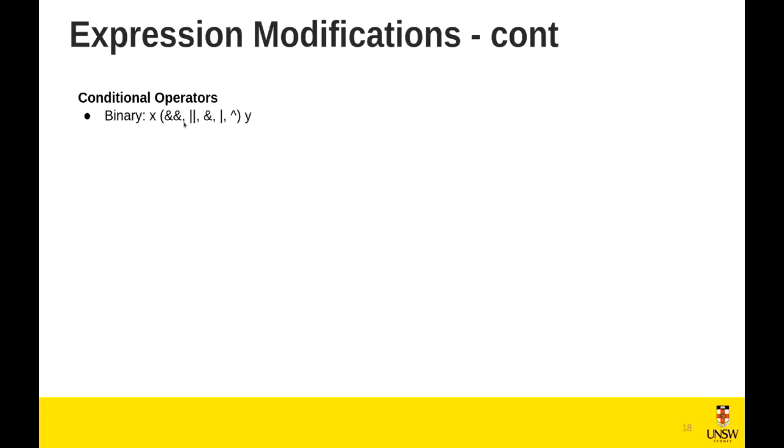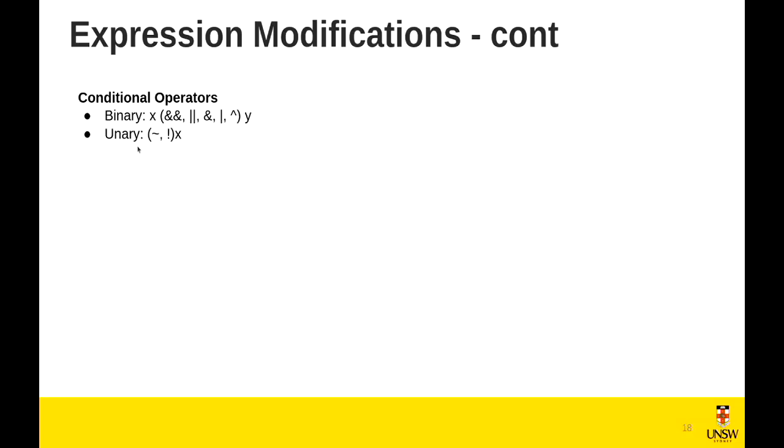And normally means logic and, this is logic or, this is bitwise and, this is bitwise or, which means that we calculate the value of the OR of every bit of x and y and put it in the result. And this is bitwise XOR.